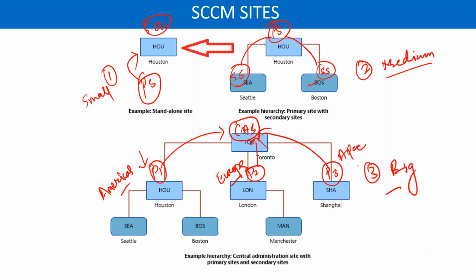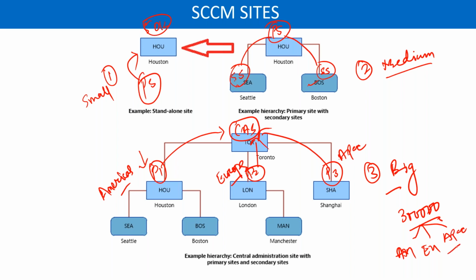Got it? So in this example, there are 300,000 devices: 100,000 devices in America, another 100,000 devices in Europe, another 100,000 devices in APAC, Asia Pacific.